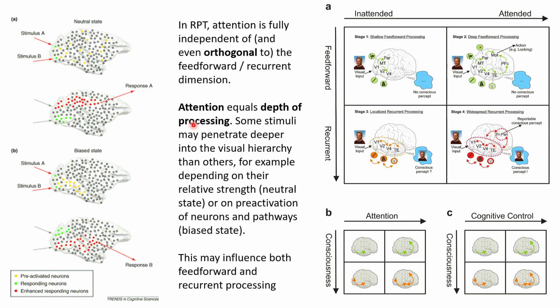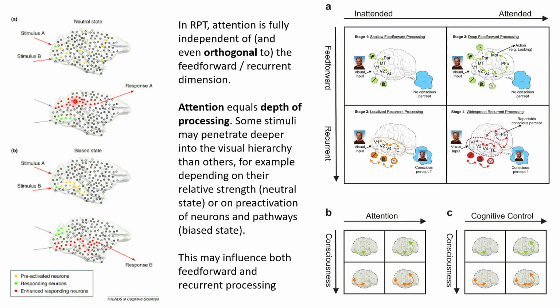And by the way, attention being depth of processing also makes understanding what attention actually is way easier. Attention is basically how deep a visual stimulus penetrates towards frontal regions. That matters to what extent there is a biased state. So, for example, when there is some pre-activation in particular parts of the brain, this particular stimulus can then more easily travel towards these regions than when this is not the case.